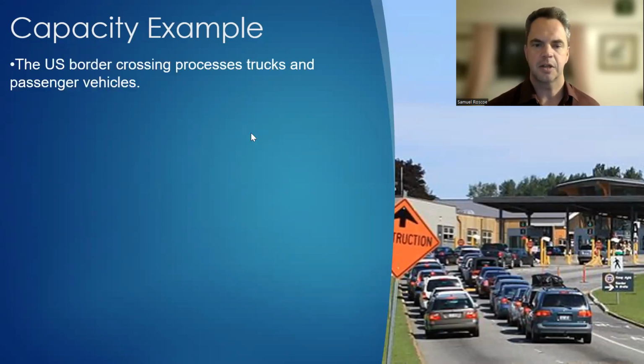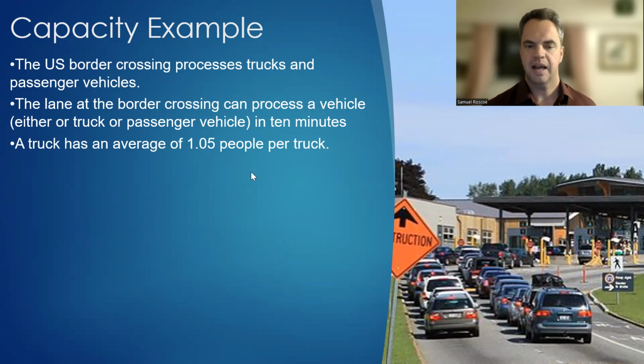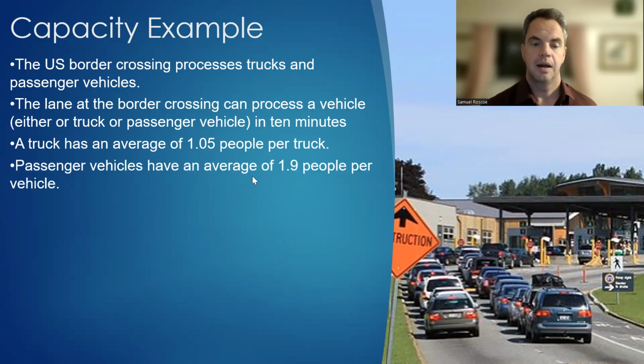Here you can see that the US border crossing processes trucks and passengers in this example. The lane of the border crossing can process a vehicle, either a truck or a passenger, in 10 minutes. A truck has an average of 1.05 people per truck for this particular example. A passenger vehicle can have an average of 1.9 people per vehicle, so slightly higher than a truck on average.